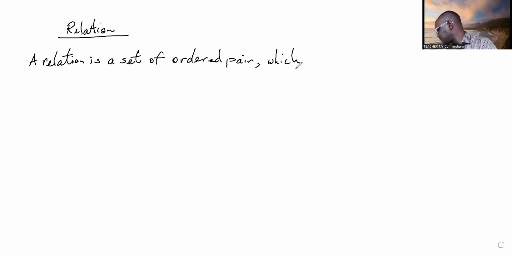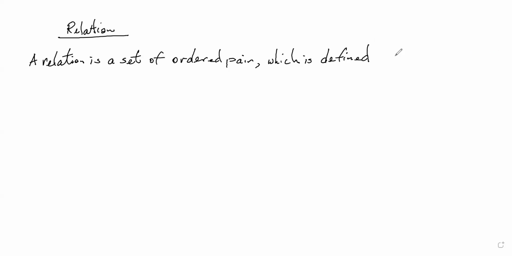So a relation is a set of ordered pairs, which is defined, or it's obeying some rule. So a relation is a set of ordered pairs.